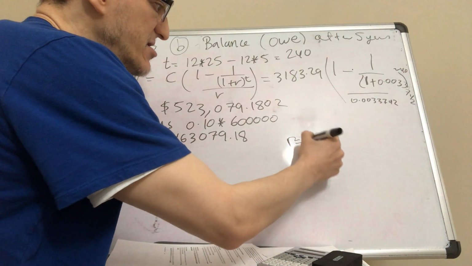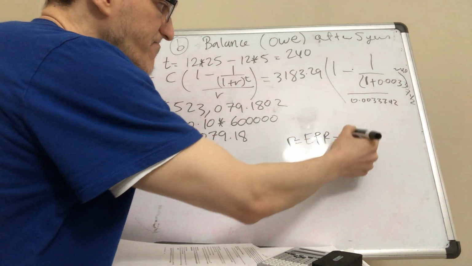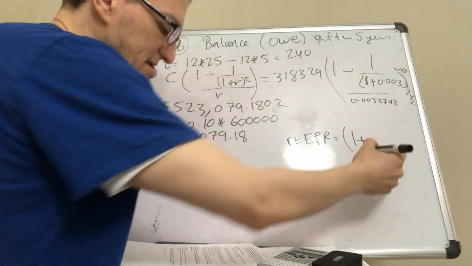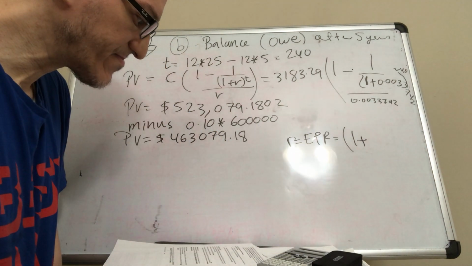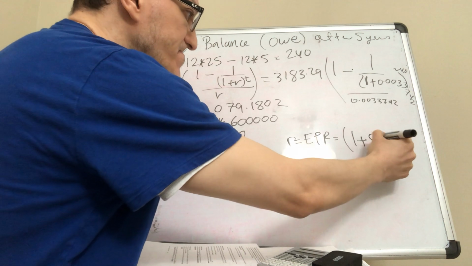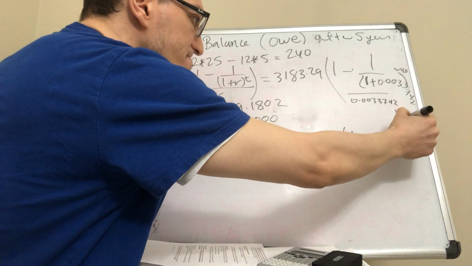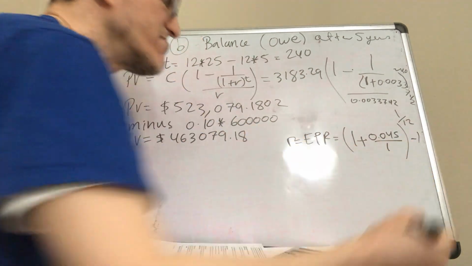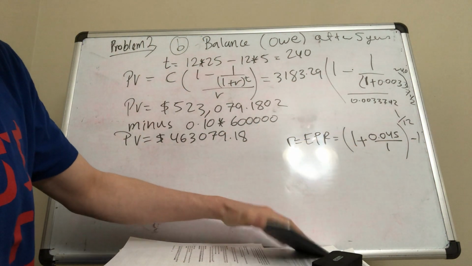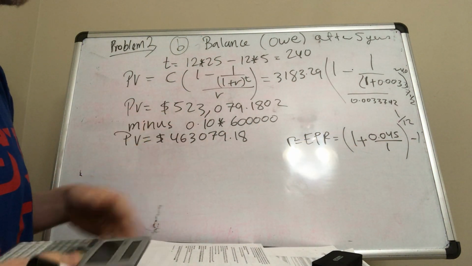R, EPR, 1 plus the new interest, which is 4.5 annual, but monthly payment.